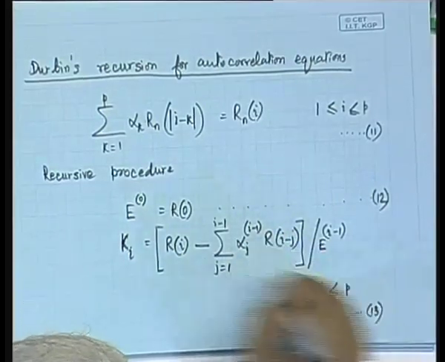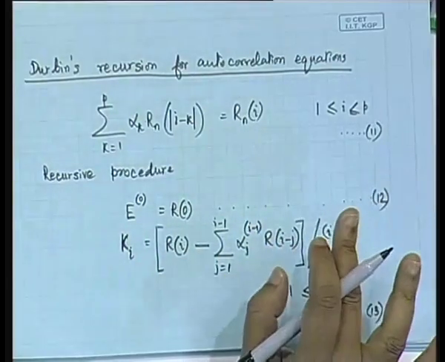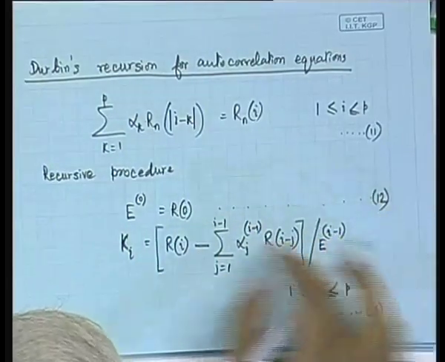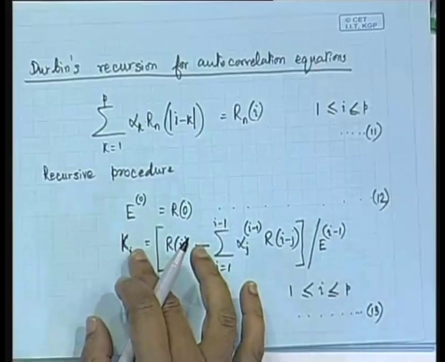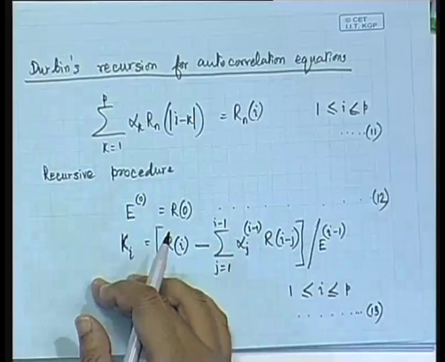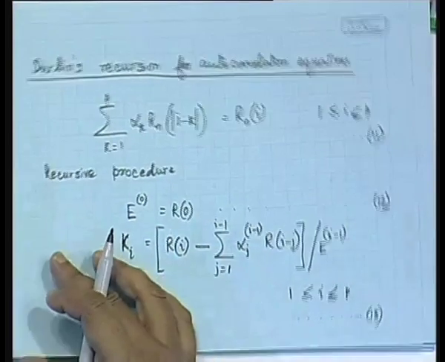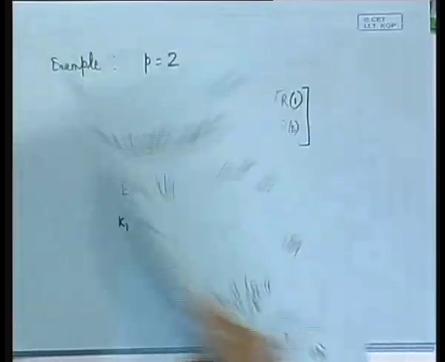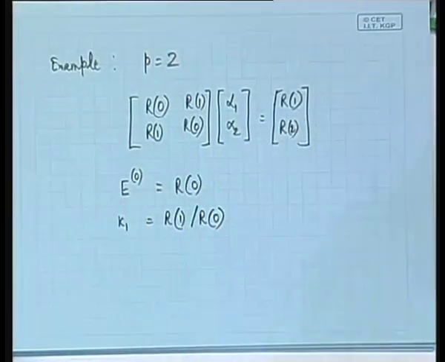This summation term will be 0, okay, for this. So, you will always be getting your K1 expression in this manner, and with the K1 you can have an estimate of the alphas.